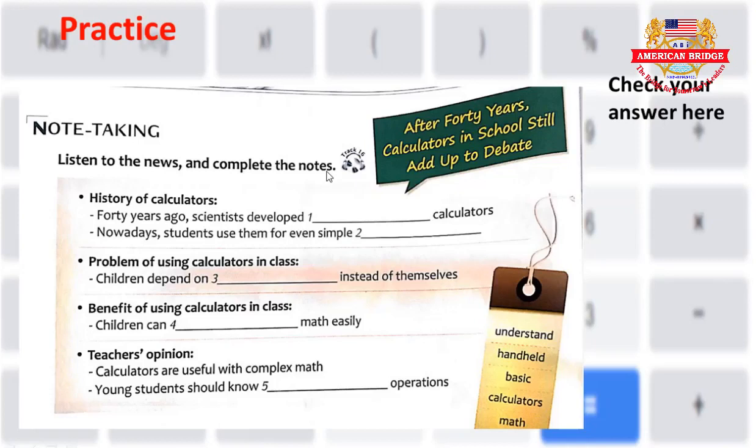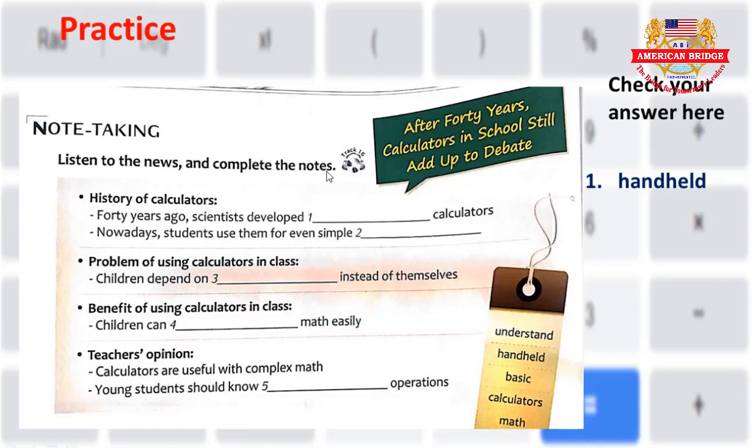Okay, let's check. So the first one, 40 years ago, scientists developed handheld calculators. As you can see, how many scientists did the script mention, everyone? We have 3 scientists who worked on this project, right? They created the handheld calculator, but it was heavy, okay?